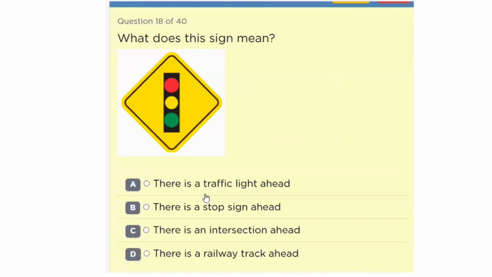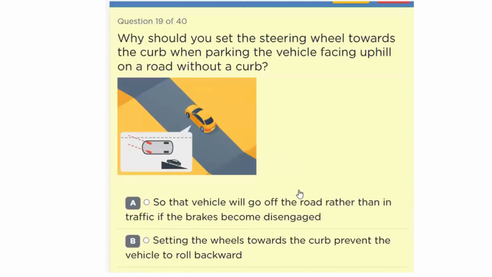What does this traffic light ahead? Why should you set the steering wheel towards the curb when parking the vehicle facing uphill on the road without a curb?